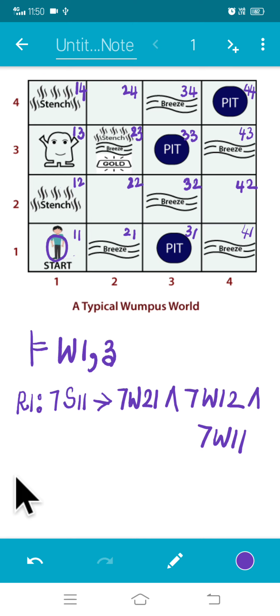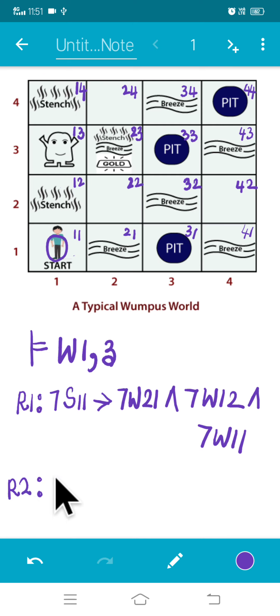Then how can we infer rule 2? We have only 3 states that the agent can perceive: either 1 1, 2 1 or 1 2. The 1 1 state we have written with regard to stench smell. Now assume that the agent moves from 1 1 to 2 1. Once he moves there, he can feel the breeze here.